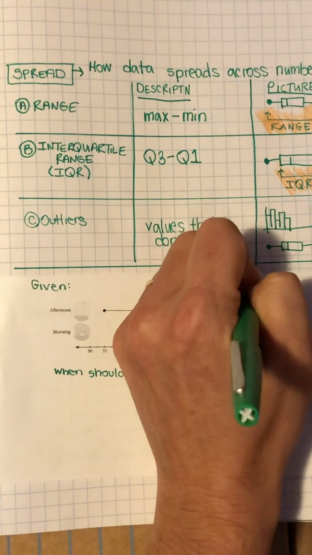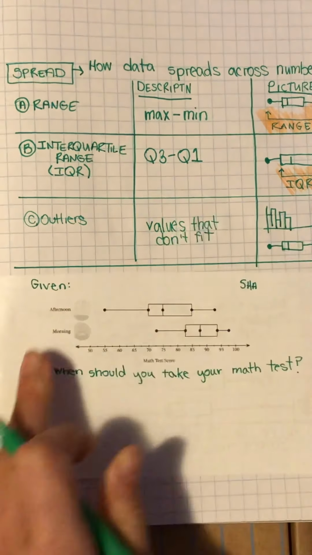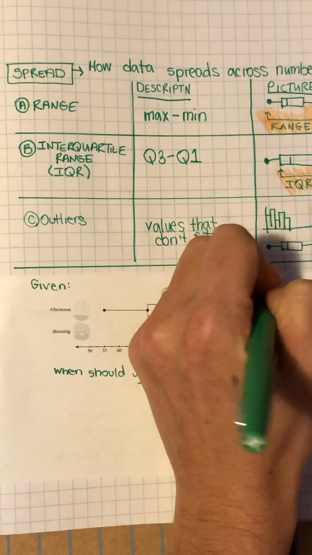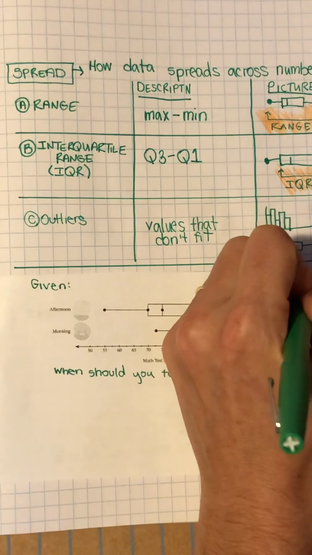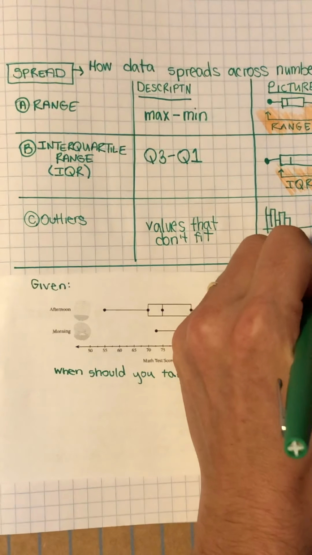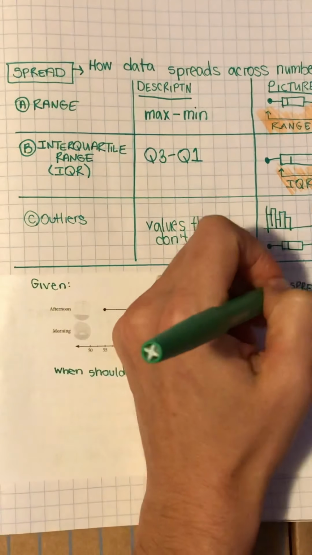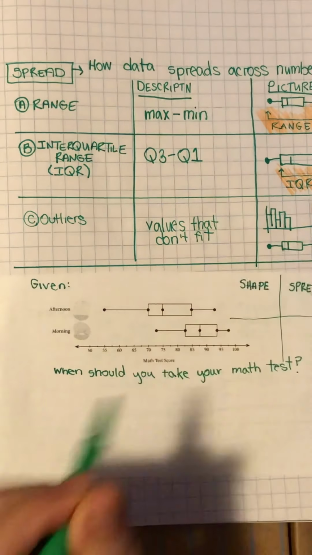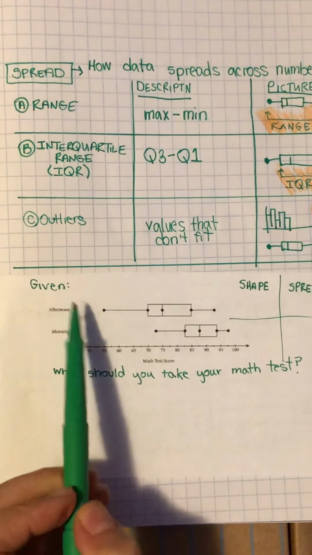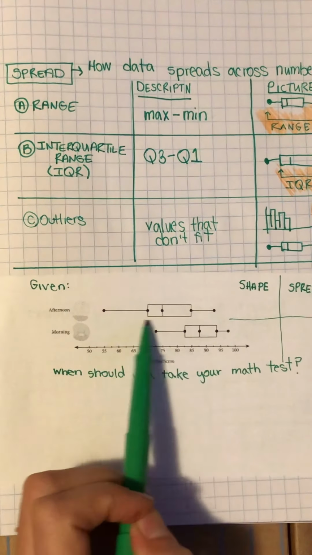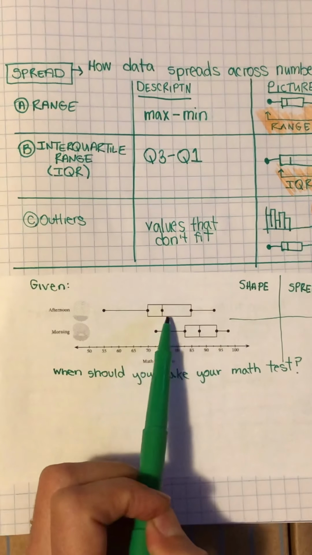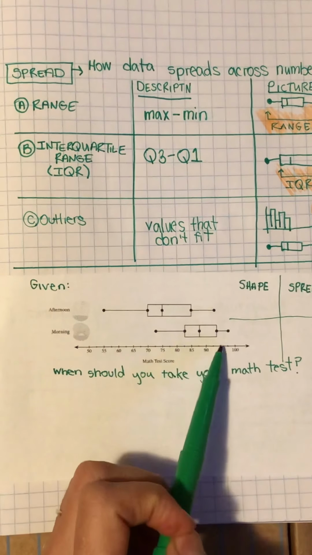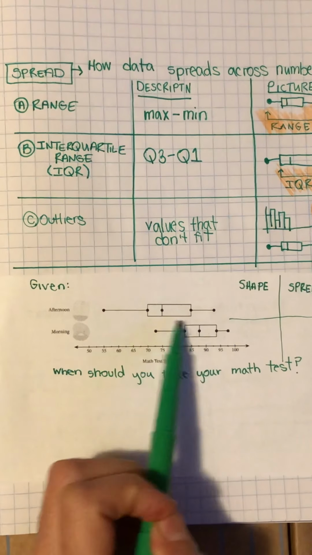So I'm going to say shape, and again, you can just sketch this out, and spread. Okay. So if we're looking at this one, I feel like if this is 75 and this is 95, that's about 20 points.